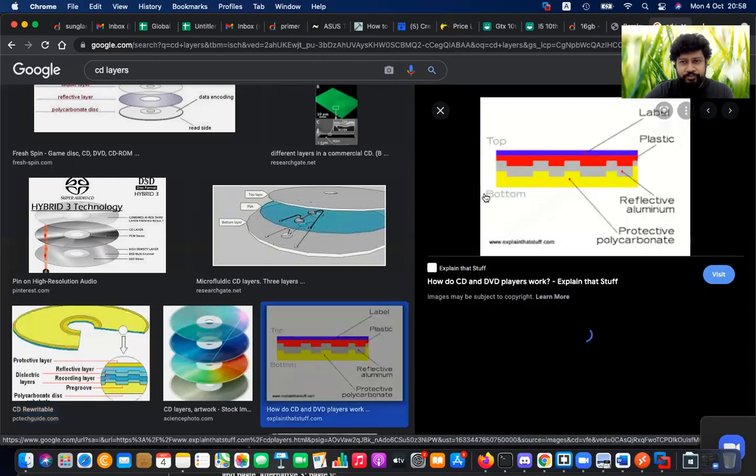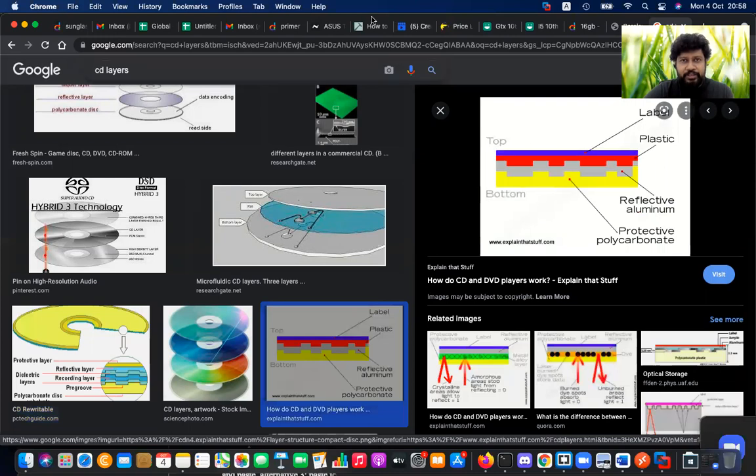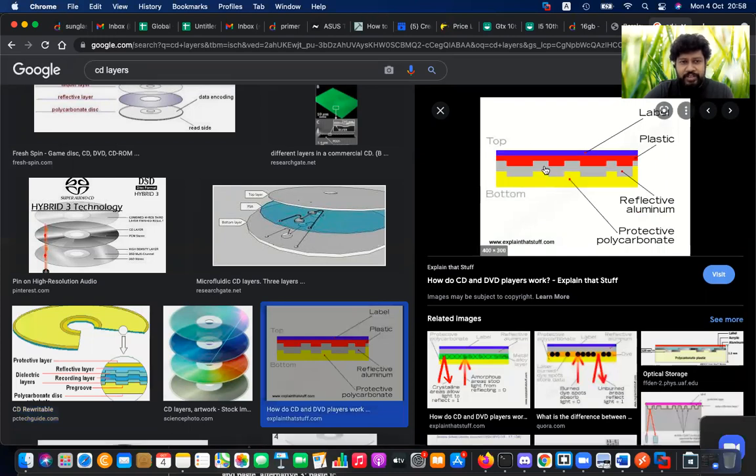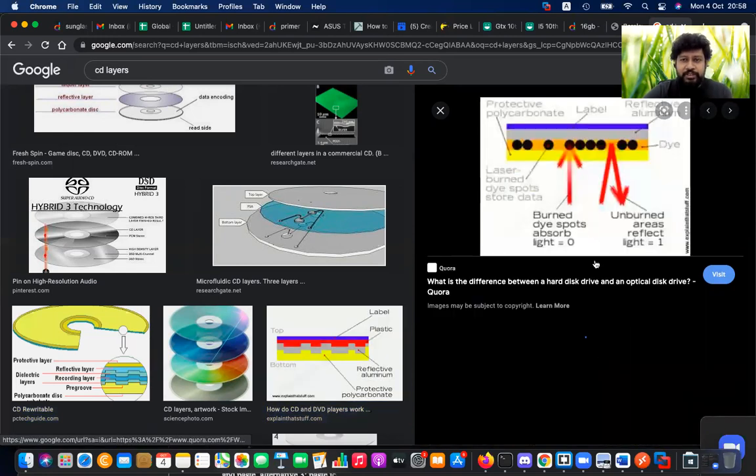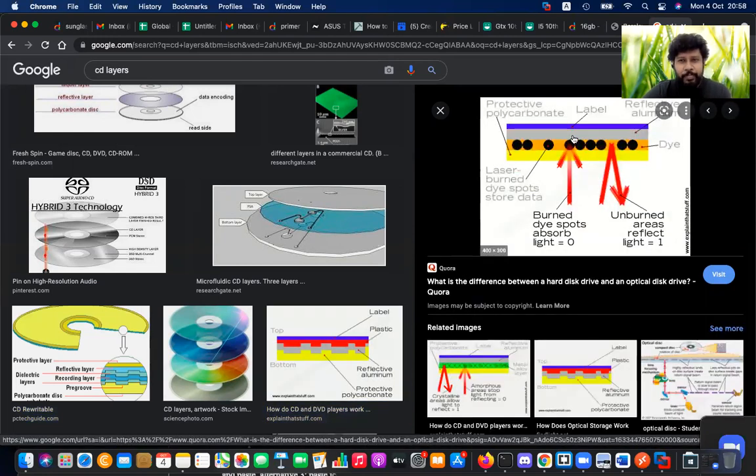Think about this. When you slice it, you can see this. Basically, when the laser light goes and hits there, the particular spot is burned.